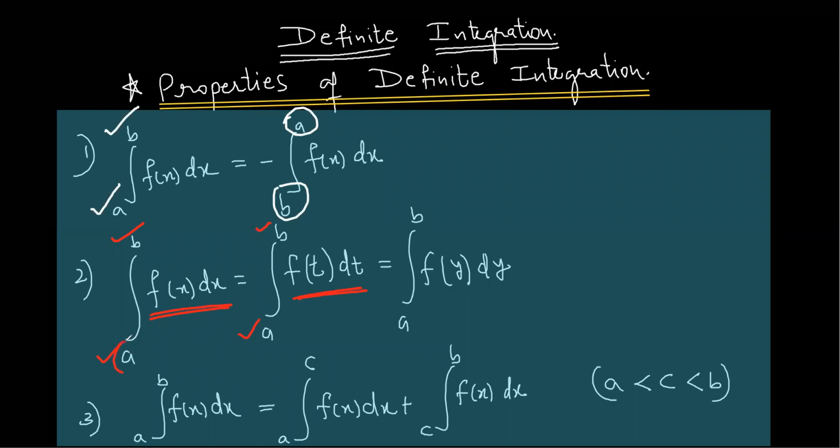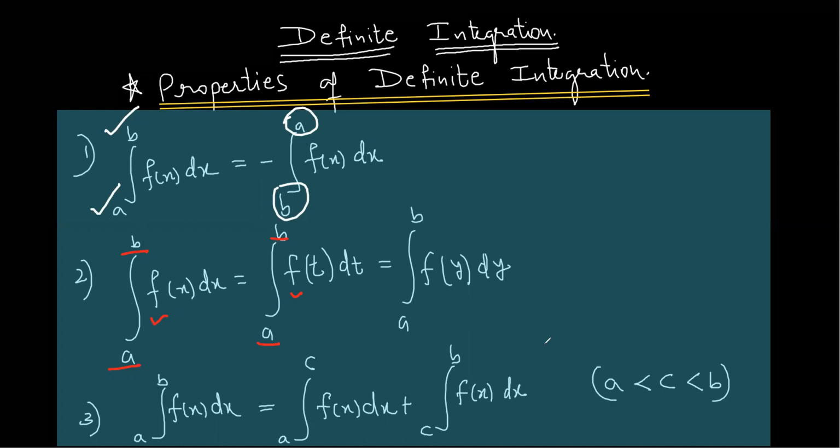If you maintain the interval and you maintain the function, the change in variable is allowed. The function isn't changed, so the variable x can be written as variable t.